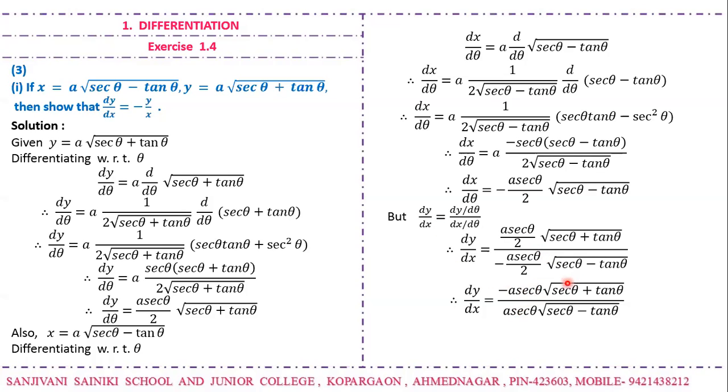This will cancel each other, and you get dy by dx is minus y by x, because this a sec theta etc. will cancel. We want this a because y contains a and x also contains a, so only sec theta cancels. This a root of (sec theta plus tan theta) is y, and a root of (sec theta minus tan theta) is x.